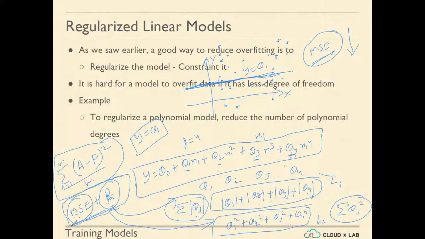We have to minimize this combined term, MSE plus R. Even if you put all theta values as 0, the second term will become 0, but then the first term will increase, right? And what we want is this combined term, MSE plus R, to be the minimum, right?